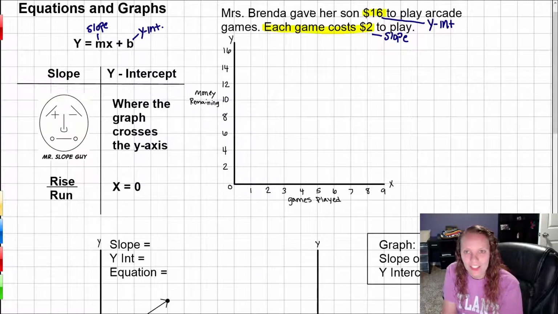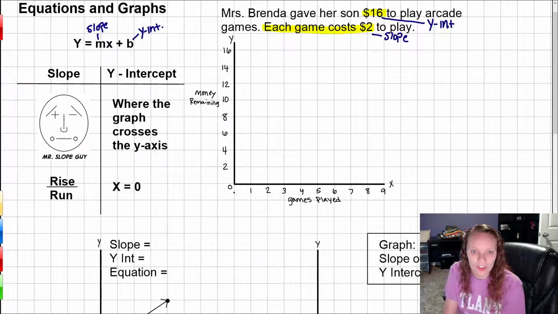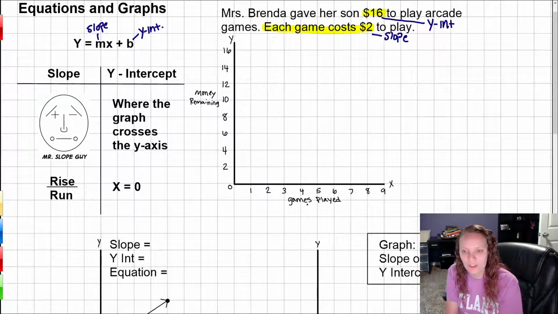Alright, let's graph it. So if they're starting at $16, that means at 0 games, the son still has $16. So here's 0, and again, this is our x-axis across the bottom, and then up and down vertically, that's the y-axis. So when x is equal to 0, when the number of games played is 0, they're starting out at $16.